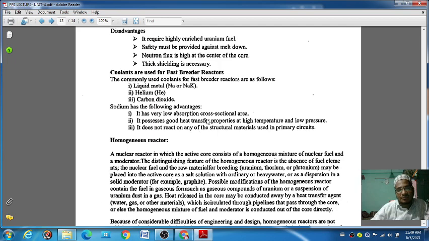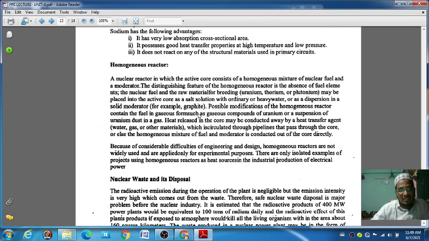The next one is the homogeneous reactor. The homogeneous reactor looks like a sodium graphite reactor. That is the same one, so we are not going to describe the same things again. But the difference between a sodium reactor and a homogeneous reactor is that it is a modification of the sodium graphite reactor.